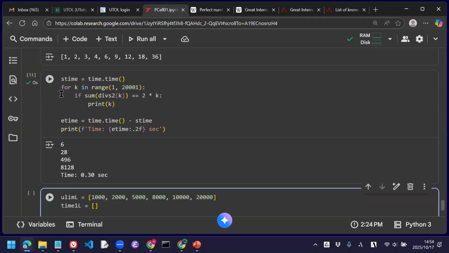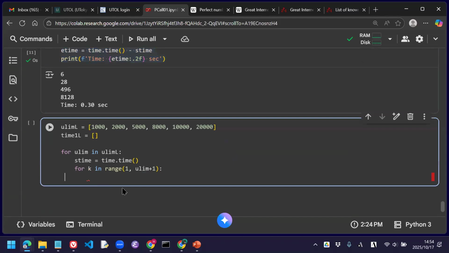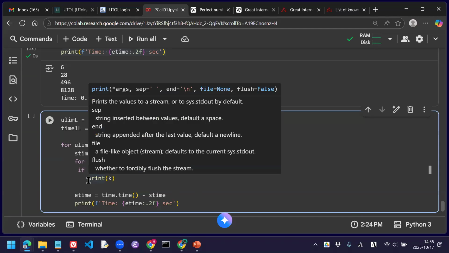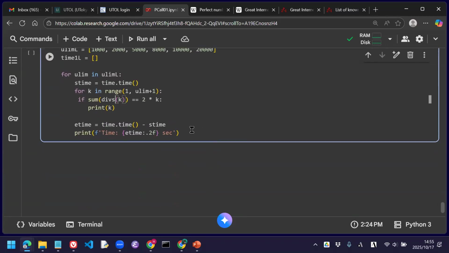Let's copy this and put it here: for k up to ulim plus 1, sum of divs equals 2 times k, print k. Now, we don't need print k, actually. Okay, we need print k. And e time is s time.